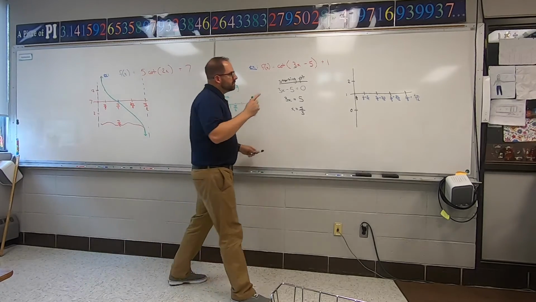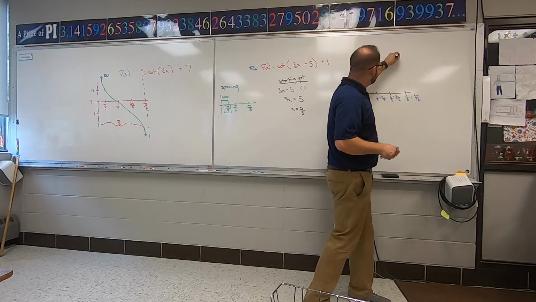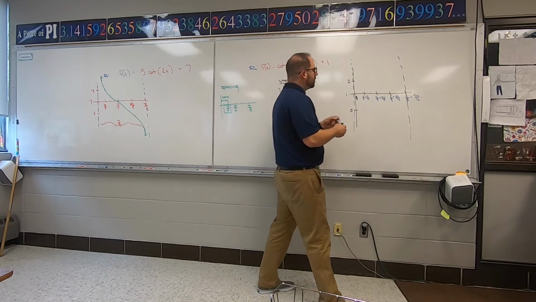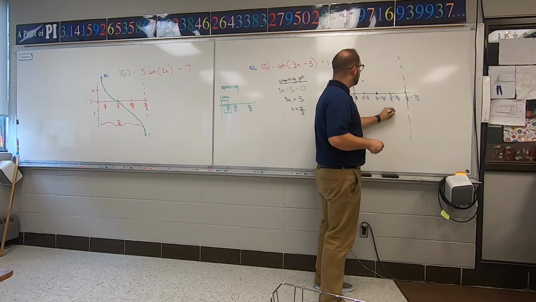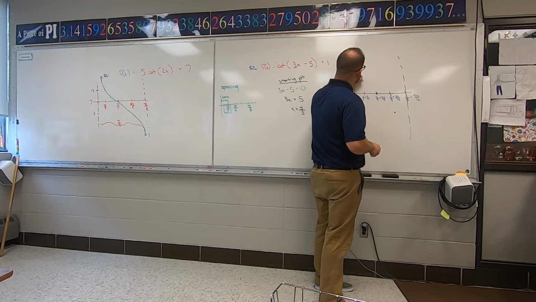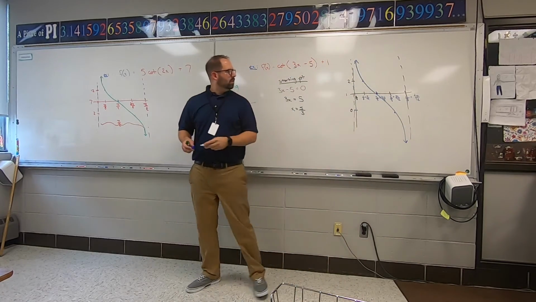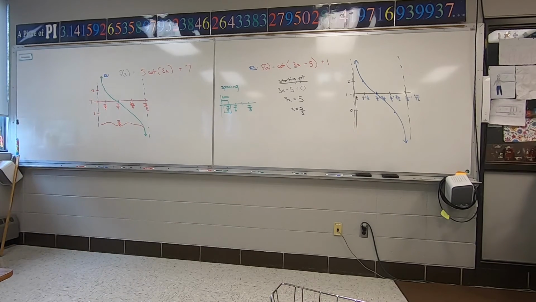The asymptotes are on the outside. There's my hash mark, here's my other hash mark. They're on the outsides. Cotangent will go through the center. It'll be in the upper left corner and bottom right corner. So it'll look like this. There you go.